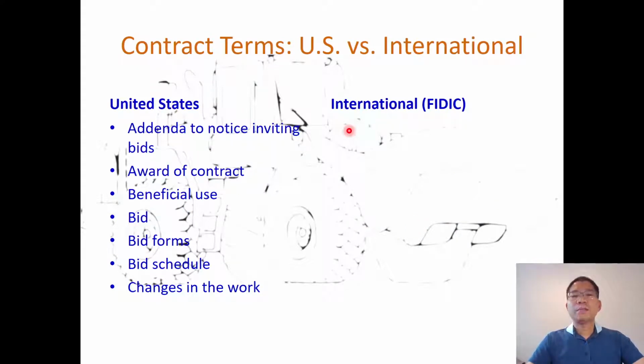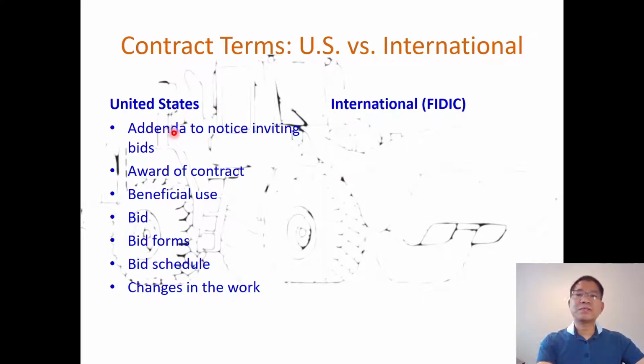So if you have a chance to work overseas, there are other terms used, and in these few slides I want to compare what is called in construction contract terms in the US and internationally. In this case, I use FIDIC, a popular form of contract used internationally.